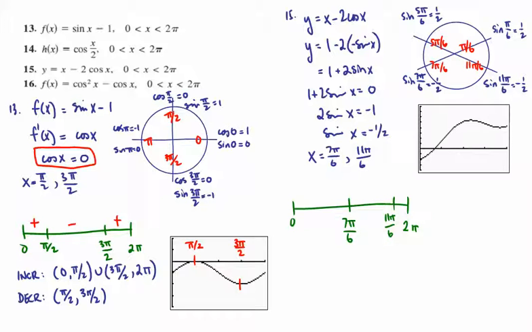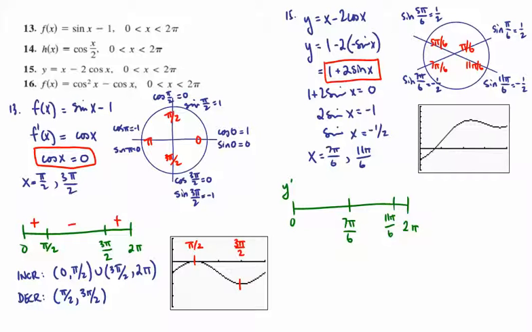Now we need some test values in here. You recall that our derivative is right here, and we are testing y prime. So whenever sine of x is positive, this whole thing will be positive.